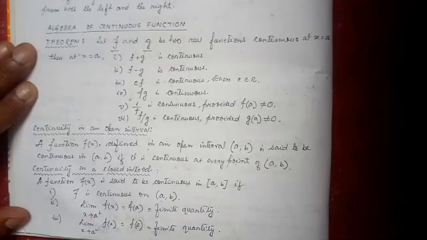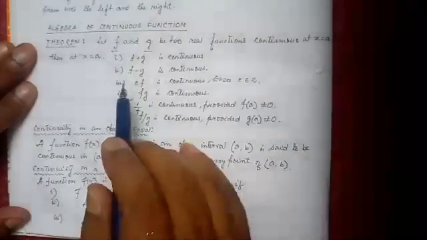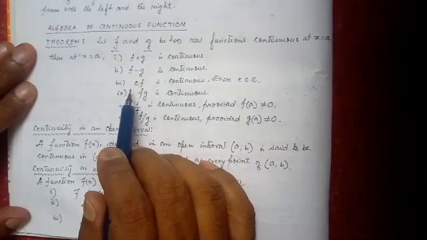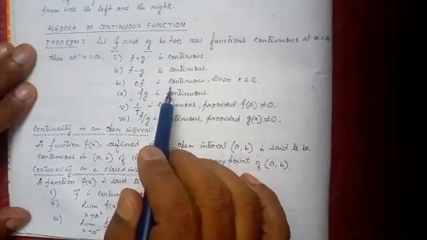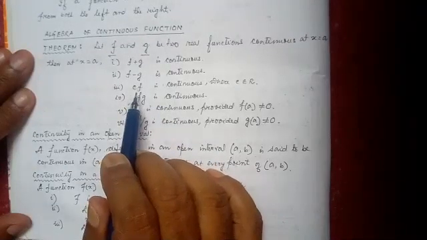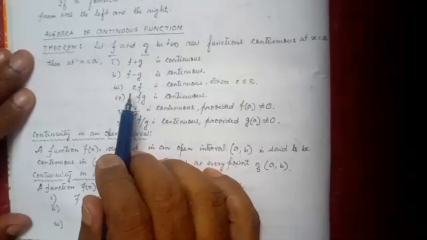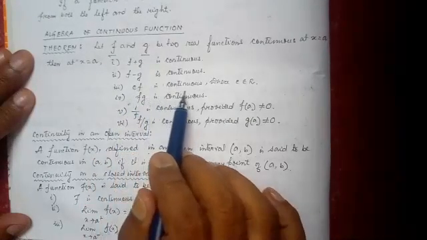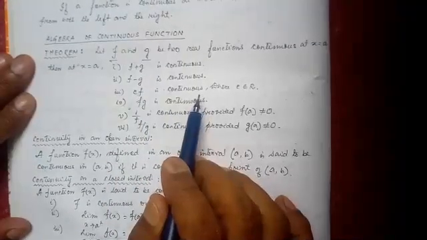Then at x is equal to a, f plus g is continuous, f minus g is continuous, and c f is continuous, that is, if the function is multiplied by any real number, then also the function is continuous at x is equal to a.